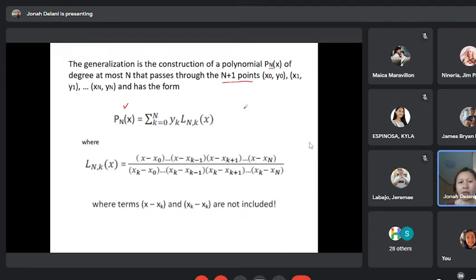So the expression would be the sum of y of k times L of n,k of x, right? Summation, where this form is this.